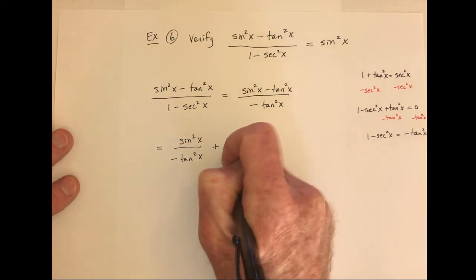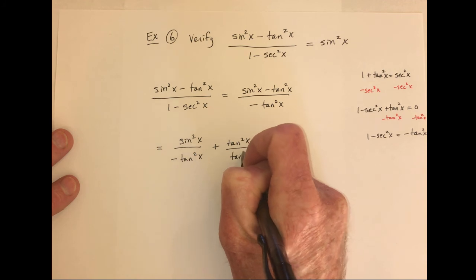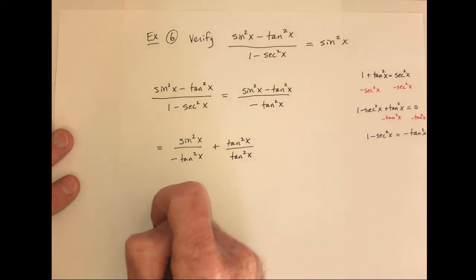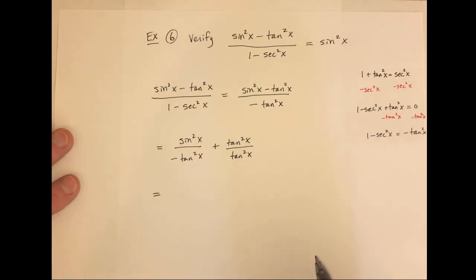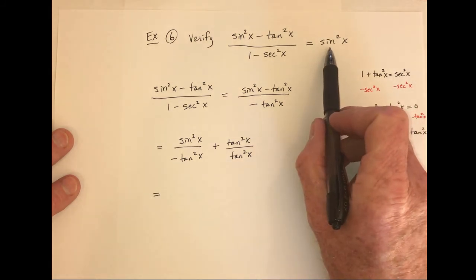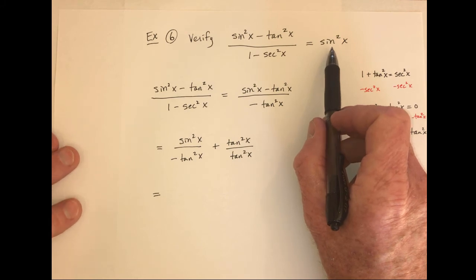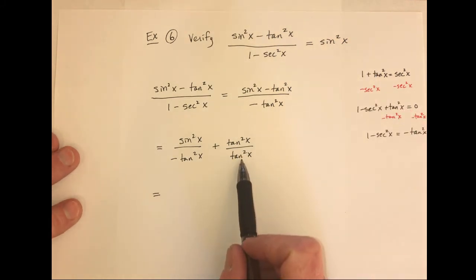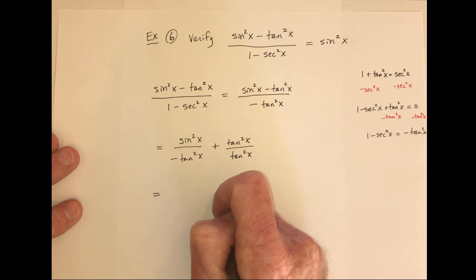Tangent squared divided by tangent squared. So supposedly, stuff is going to cancel out and we're only going to be left with a sine squared. Well, these two can cancel and just be a plus 1.